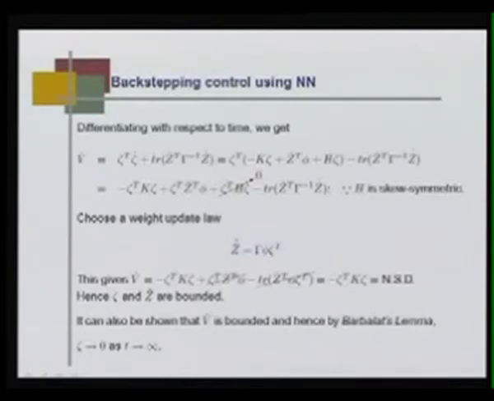So, V dot is simply xi transpose k xi, and k is all positive quantity, and hence this is stable. It can be shown that V double dot is bounded, hence by Barbalat's lemma xi tends to 0, which means the tracking error goes to 0.